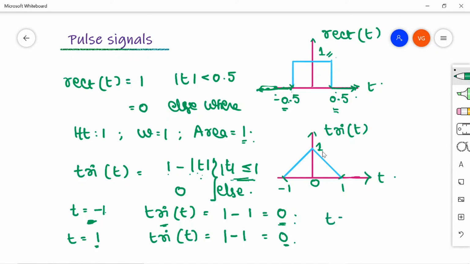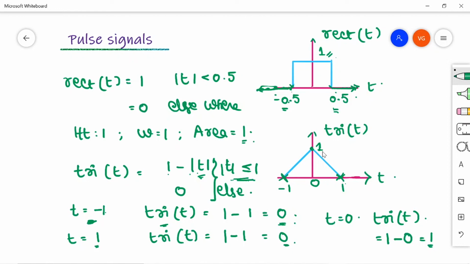Now if you take t is equal to 0, let us check what happens to the amplitude of the triangular pulse. So that is nothing but 1 minus, in place of t keep 0. So that is 1. So just mark the points. At minus 1 I have amplitude 0. At plus 1 I have amplitude 0. And at 0 the amplitude is 1. So join all the points, that gives you the triangular curve.